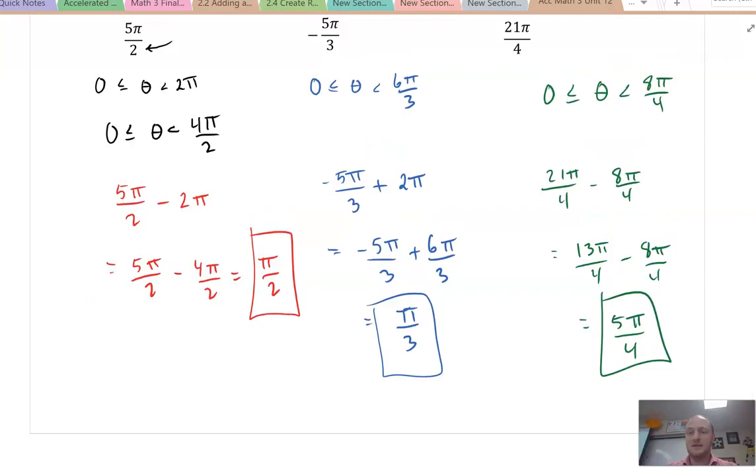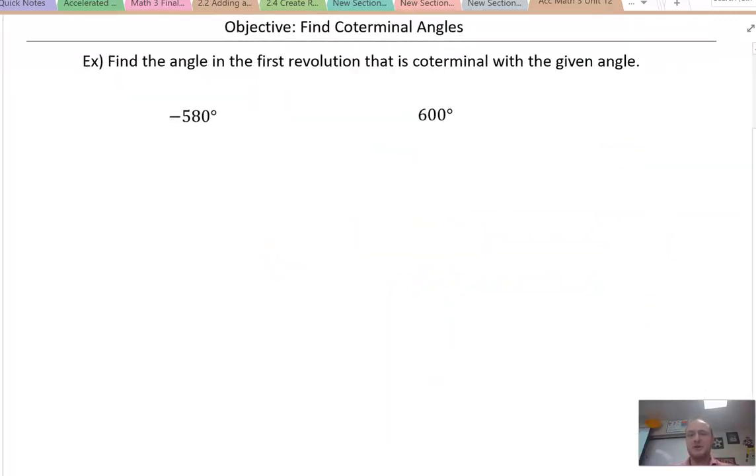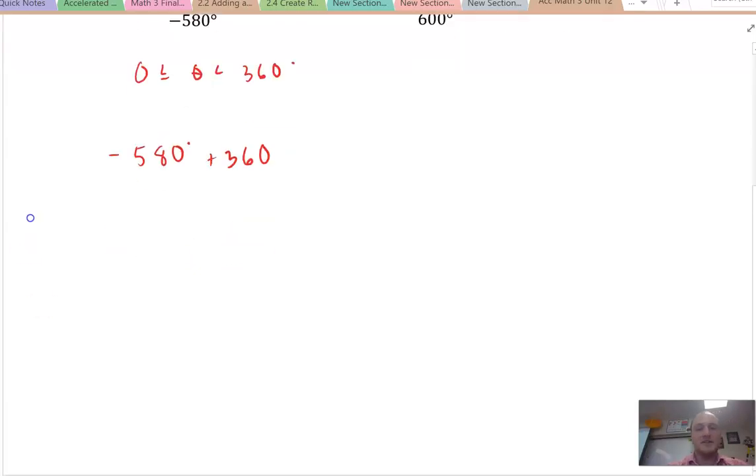Cake. Easy. Okay. Now, can I go ahead and do the same thing with degrees? I think it's easier with degrees. You want it to be between 0 and 360, so I don't even think I need to show this for you, but for the sake of continuity, between 0 and 360. So I'm going to take negative 580, and I'm going to add 360.